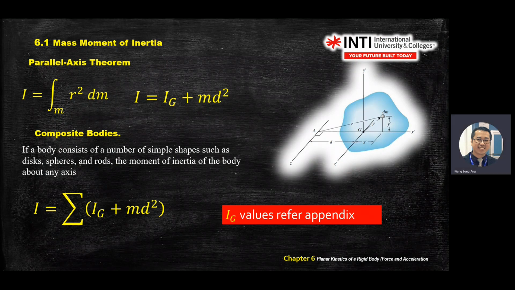This one you need to calculate. You take this value from the table, you calculate, you plus md square, you get the total moment of inertia. Then later, moment of inertia will change to energy, will change to motion. You need to use this one, multiplied by the motion reaction.